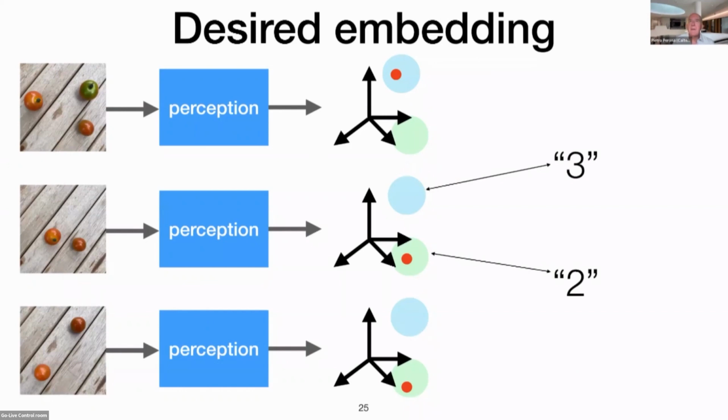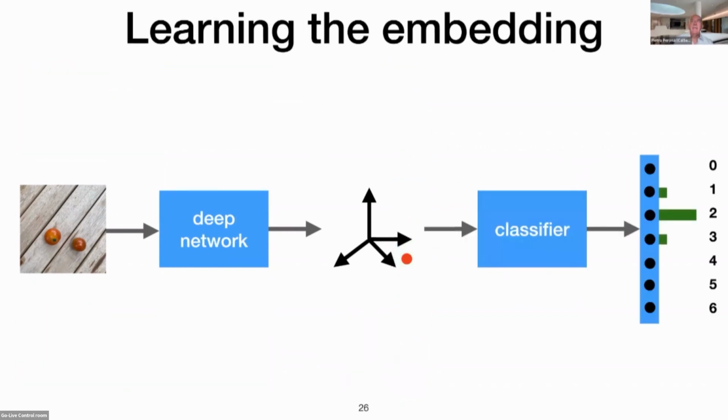So after the embedding is made, then you can associate a name to these categories, and that's a different story. But the question is, can you come up automatically, without supervision, with an embedding that abstracts away the number? And so how could you do it?